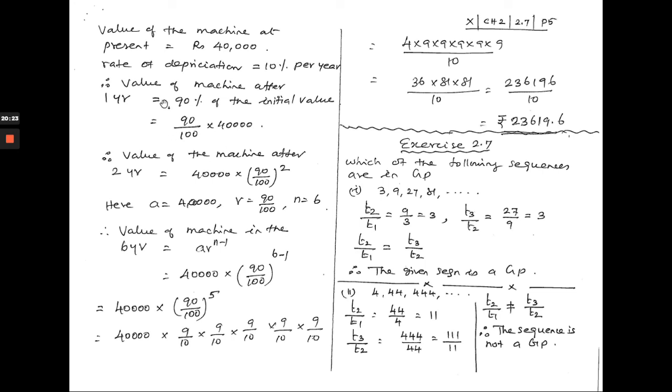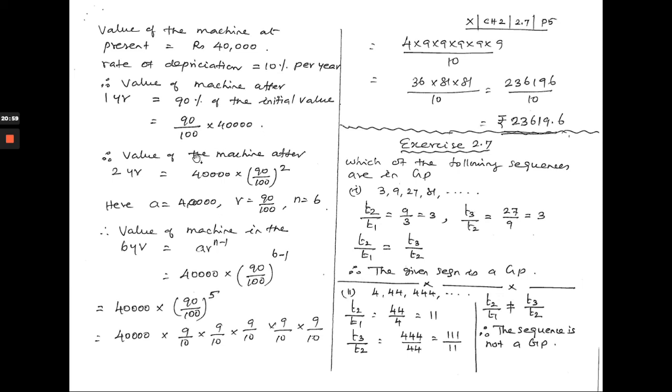Right. So the value of the machine at present is 40,000. The depreciation is 10%. So after 1 year, since 10% is depreciation, the value of the machine is 90% of the initial value, 90 by 100 into 40,000.